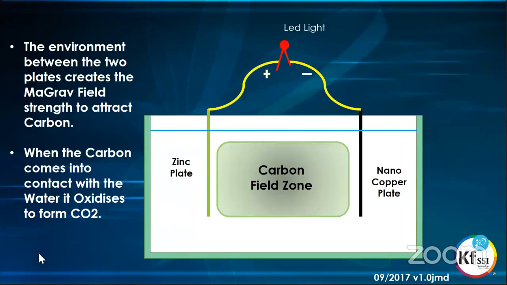That environment has a magnetic gravitational field strength equivalent to carbon, which attracts carbon from your environment. When that carbon comes into contact with the water, it oxidizes to form the CO2. So essentially the zinc plate and the nano copper create a certain condition in our box.